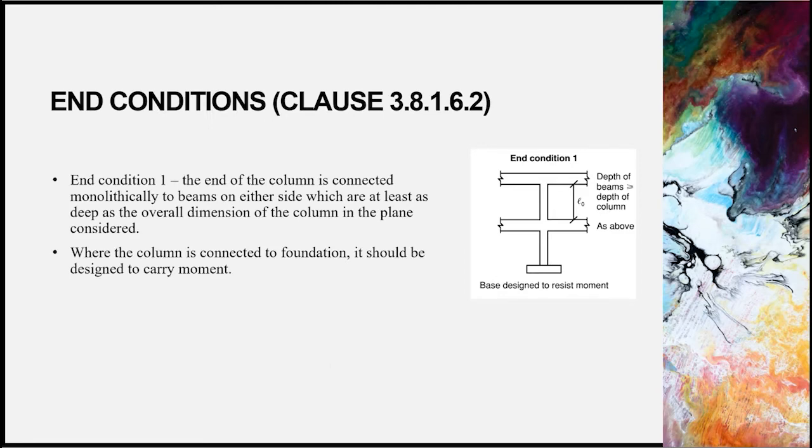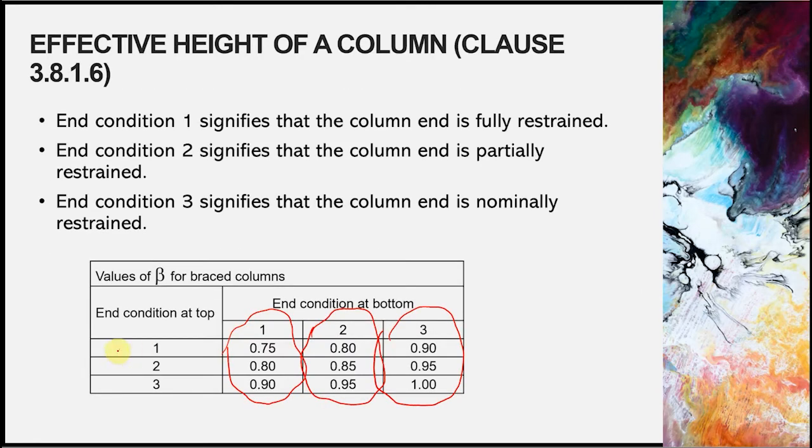Okay, but kalau you nampak kat sini there is end condition at the top. Okay, 1, 2, 3. Ini end condition at bottom maksudnya macam mana dia connect dengan column below lagi kan, kalau you ada buat bangunan bertingkat-tingkat, ataupun dia akan terus connect pada foundation.